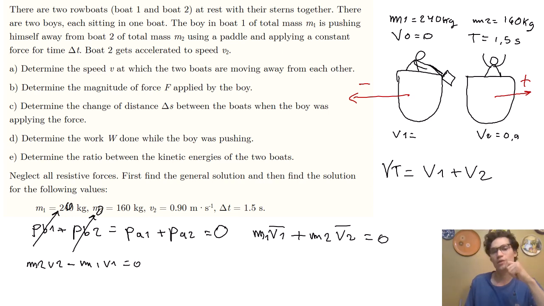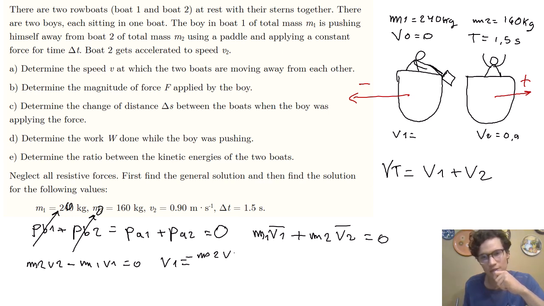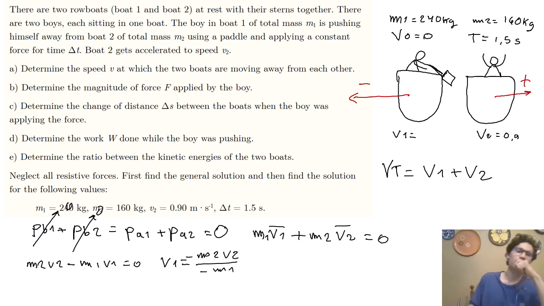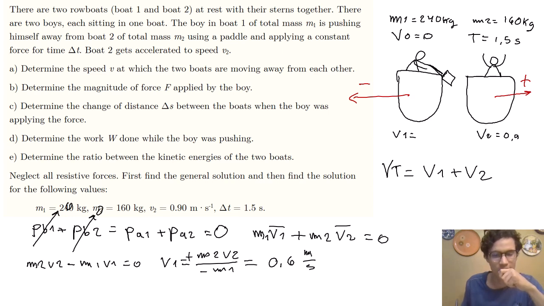We're looking for velocity 1, so we clear that variable. Velocity 1 is equal to minus mass 2 times velocity 2 over minus mass 1. We replace all of those variables on the calculator. We get 0.6 meters per second, positive because both negative signs become positive.